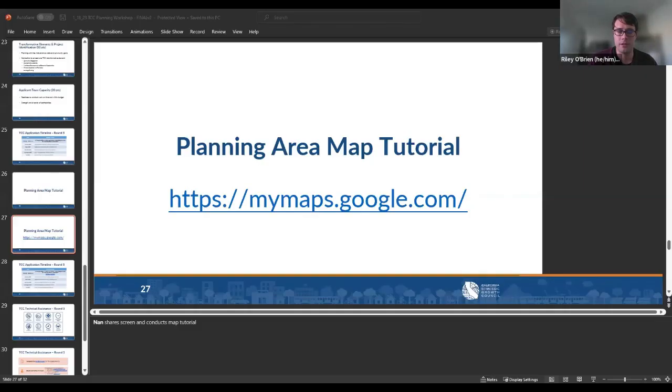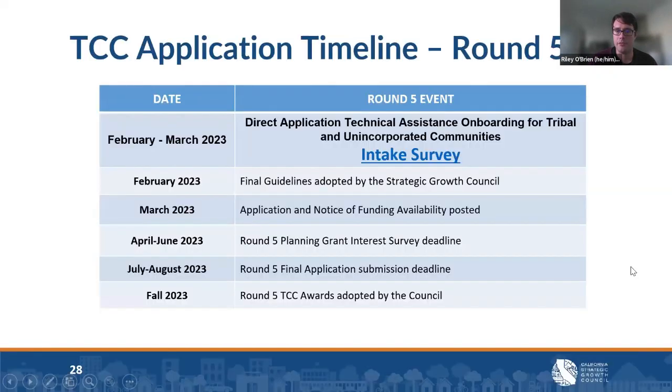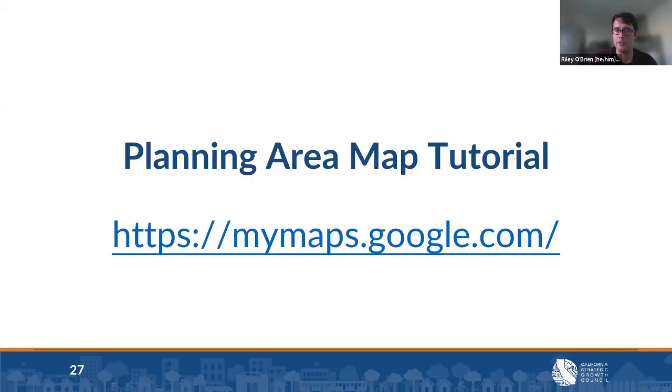Perfect, thank you. I see a couple of other questions here, so I'll answer these two questions before we move on to the next portion. If the CDP is in the planning area, is there anything you would want to see in the proposal regarding the CDP?